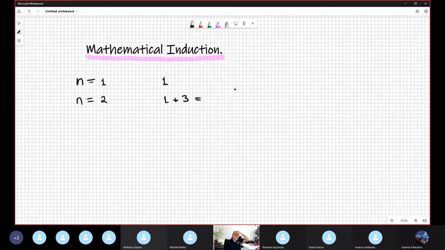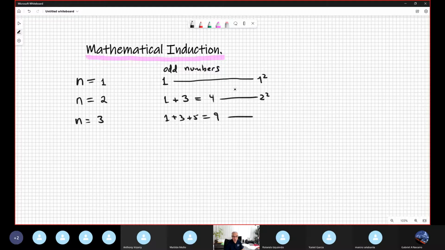For the two first odd numbers the answer is 4, no? And n equals 3 is 1 plus 3 plus 5, which is 9. Wow, I saw some pattern, some regularity: 1 squared, 2 squared, 3 squared.